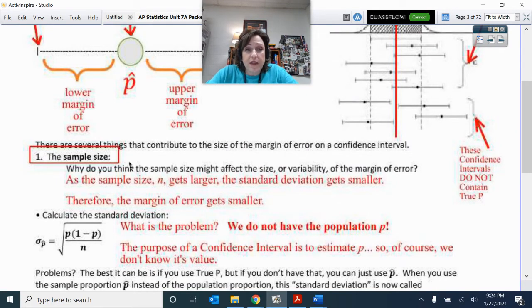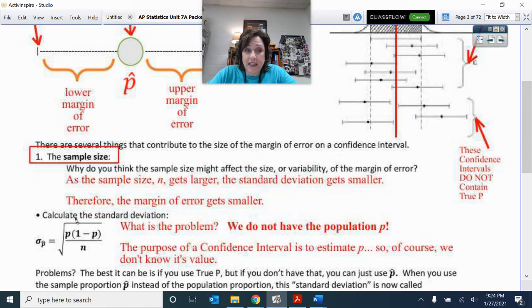So, why do you think that sample size might affect the size? Well, it has to do, again, with standard deviation. Our standard deviation, of course, is the square root of p times 1 minus p over n, okay?